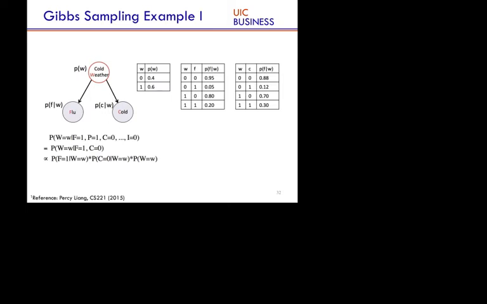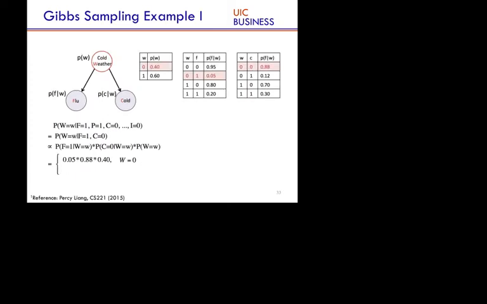So we are doing inference, and we already have these numbers. Then we can look at the value for W equal to 0 given F equal to 1, and W equal to 0 given C equal to 1. We are now looking at the condition where W equals 0. Let's say W is binary.